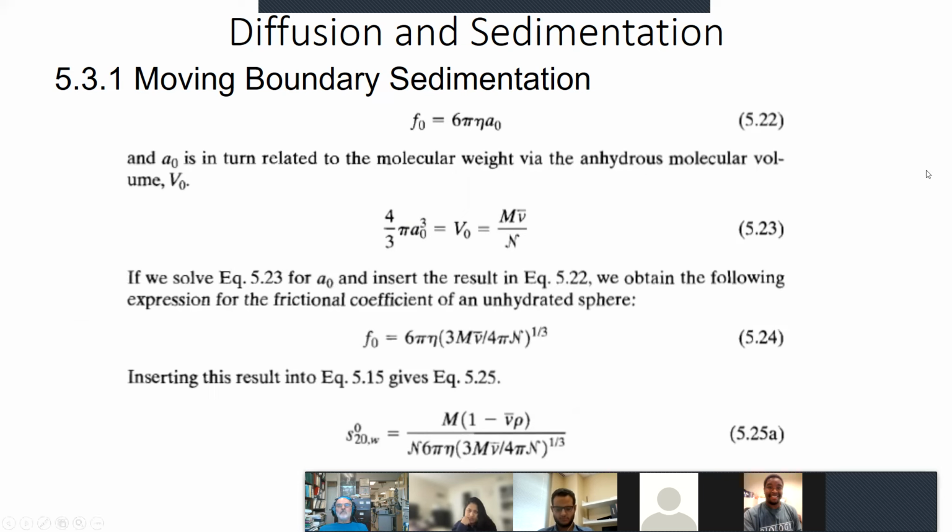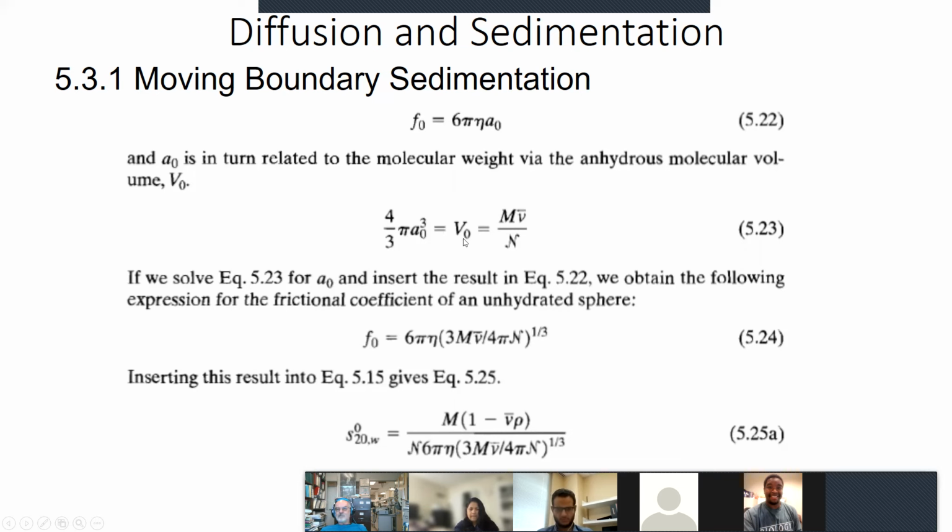If we use Stokes-Einstein sorts of relationships and write down Stokes' law, and then use the A0 value here as though it were the total volume of the molecule, assuming it's a sphere, because Stokes' law is for spheres, then 4/3 pi r cubed, or A0 cubed, would be the volume of the molecule.